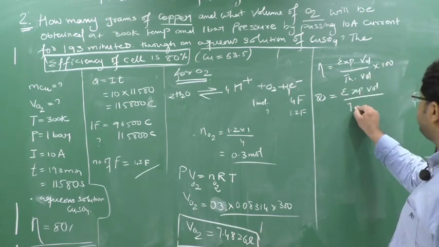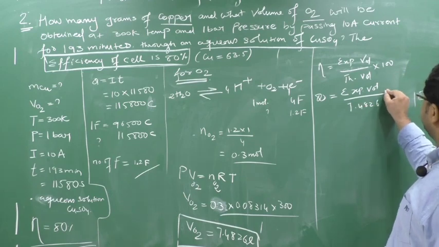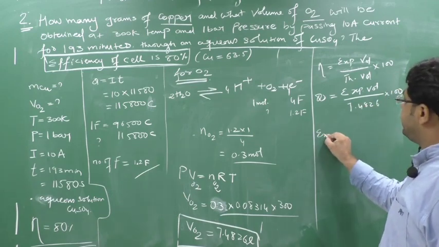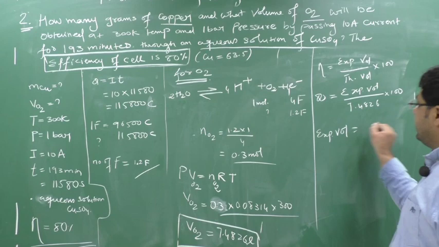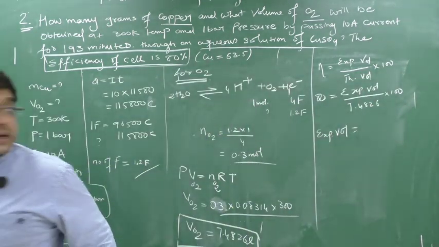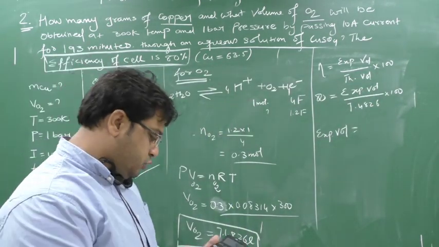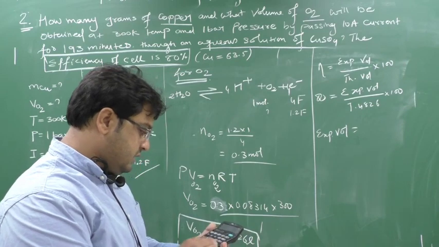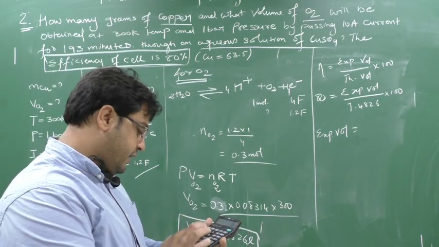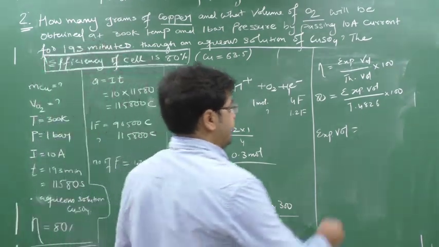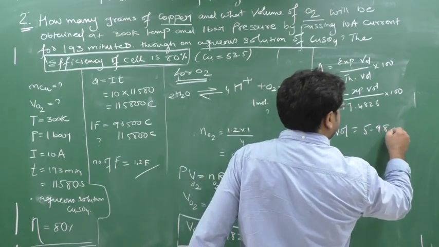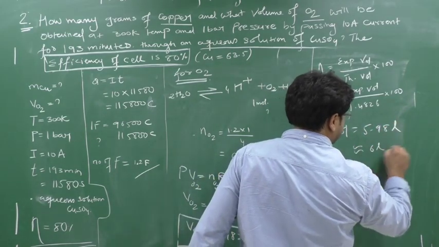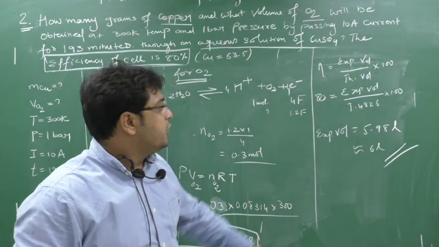So experimental volume equals 7.4826 multiplied by 80 divided by 100. The net answer I will get is 5.98 liter, or nearly equal to 6 liter. Sometimes the answer may vary due to these values.